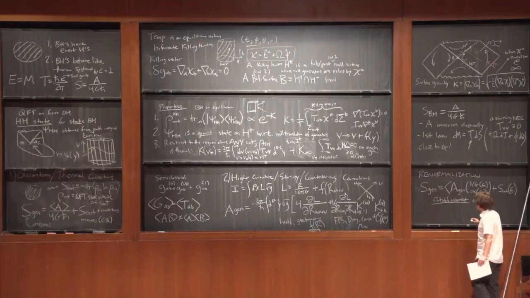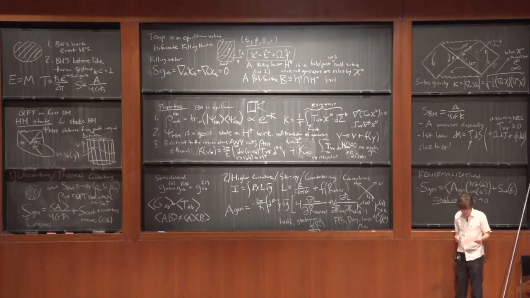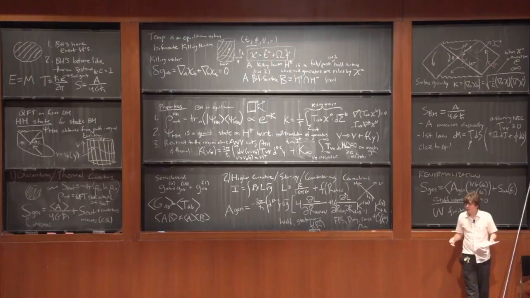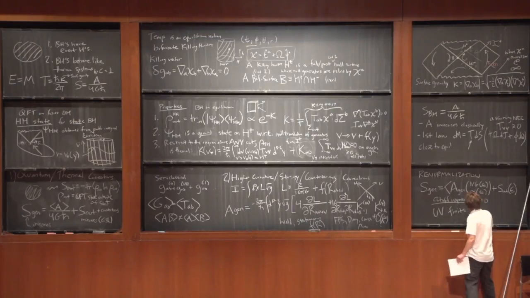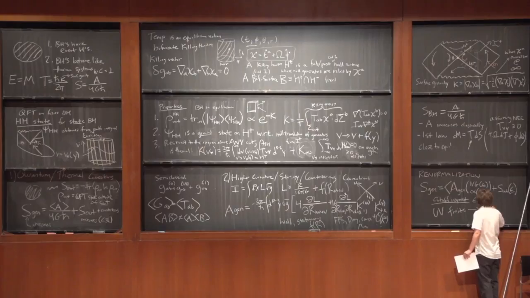So that means this is actually a UV finite quantity, and we've therefore learned something about the black hole, some finite UV quantum gravity quantity, just by thinking about the semi-classical physics. So it's of course believed that this tells us about some actual state counting of some finite number of degrees of freedom of the black hole.